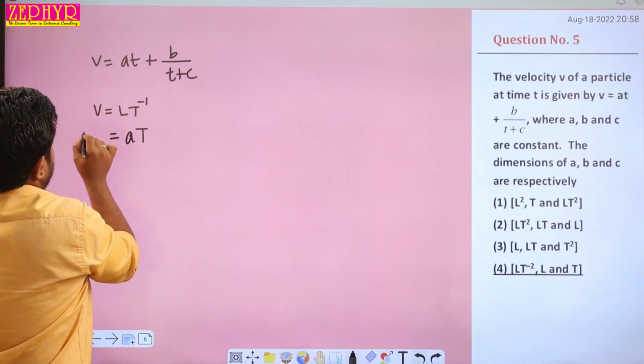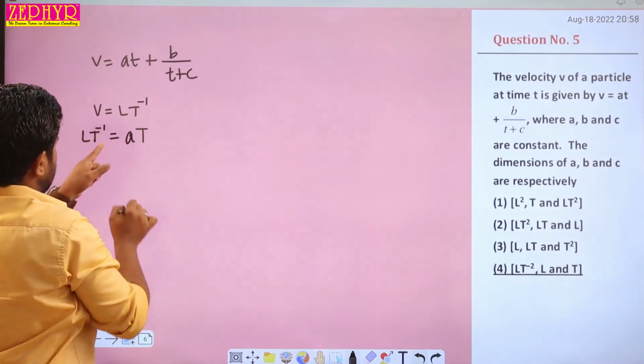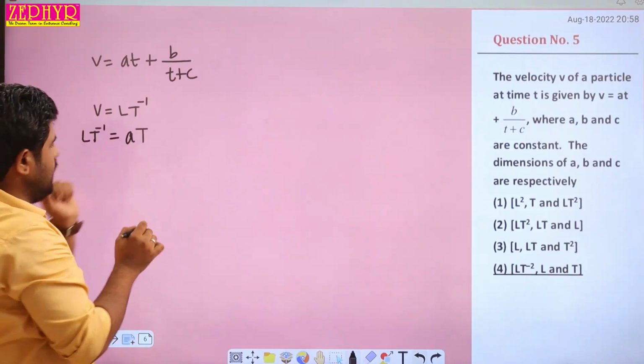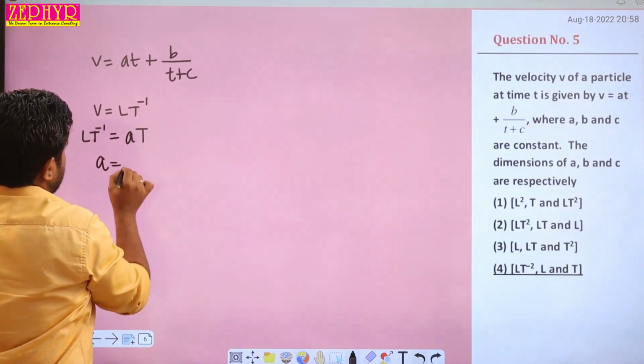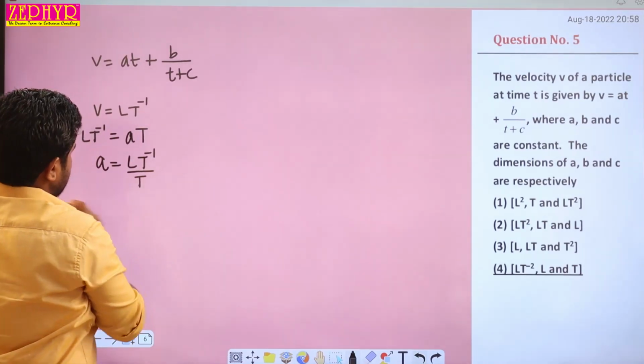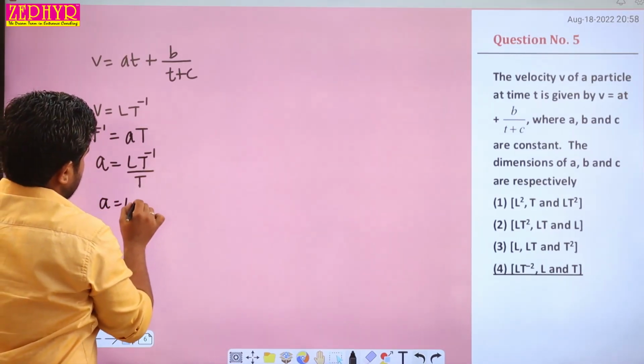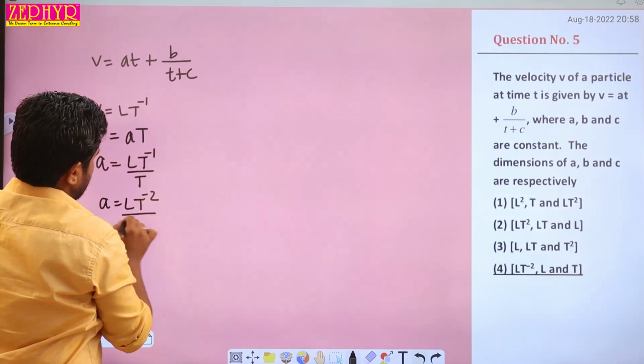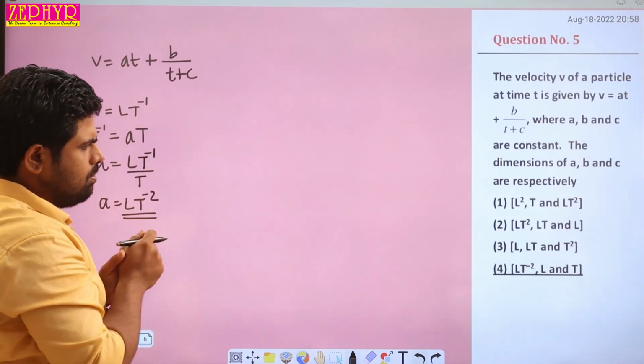So Lt raised to minus 1 is equal to at. So now a is equal to Lt raised to minus 1 divided by t. So now A is equal to L t raised to minus 2.